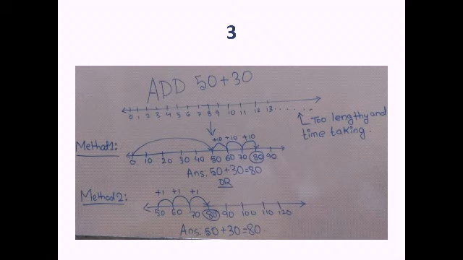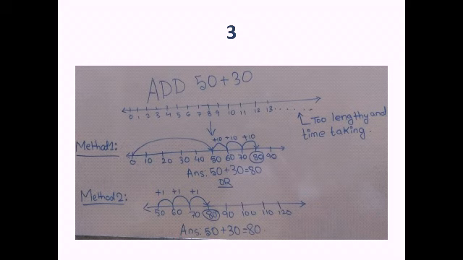If one jump means 10, how many jumps do we need for 30? 3 jumps. So from 50 we go to 60, that is 10. From 60 we go to 70, again 10. From 70 we go to 80, again 10. So 10 plus 10 plus 10 is 30.